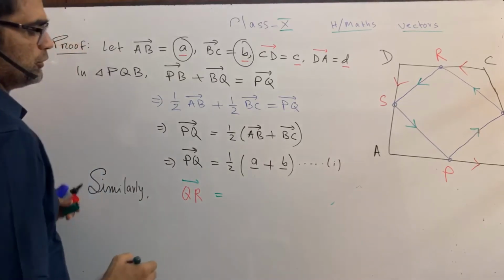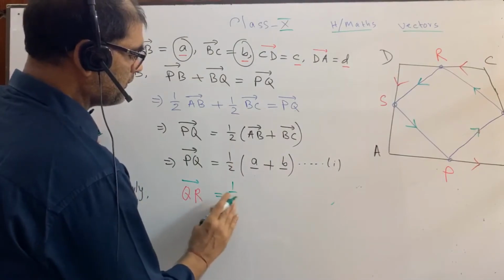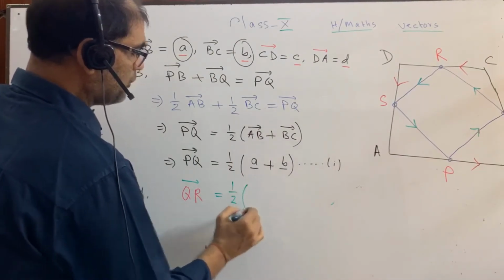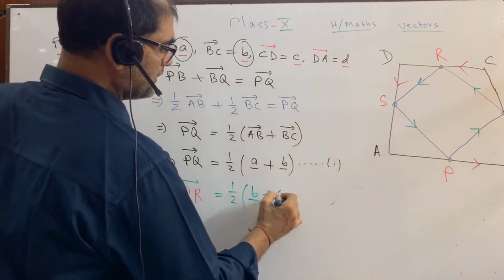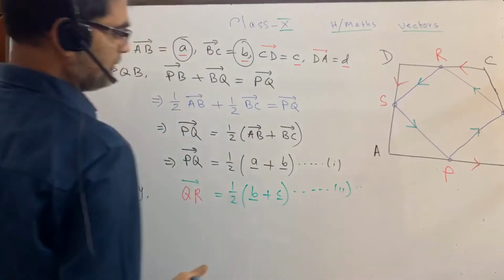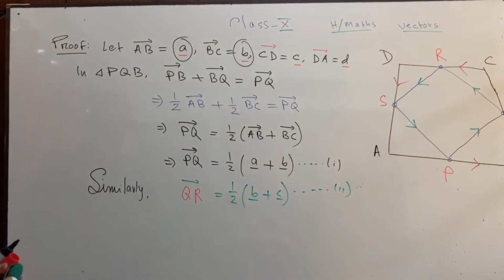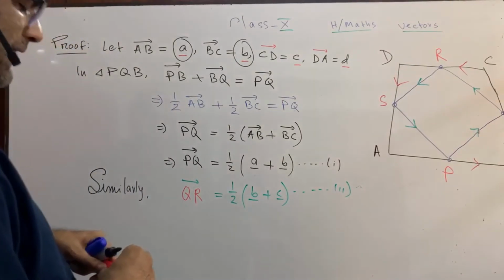QR is equal to half of A plus B, then it is B plus C. Then if I tell you what comes next, definitely RS.